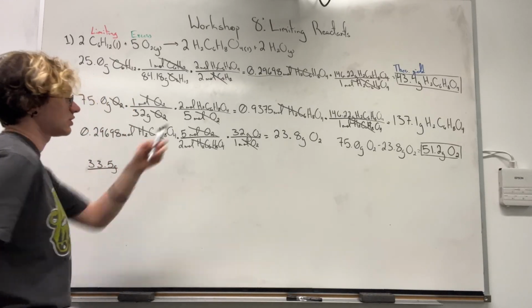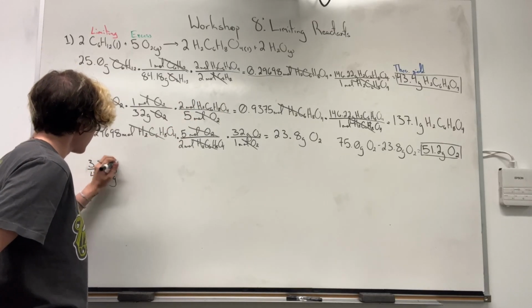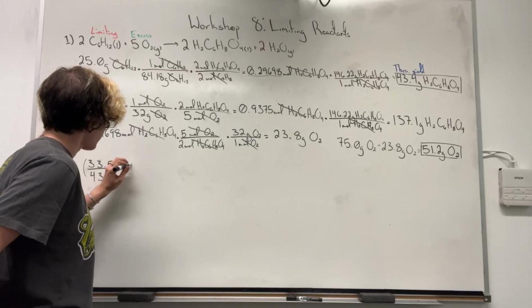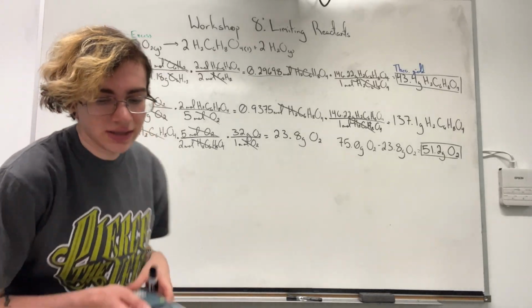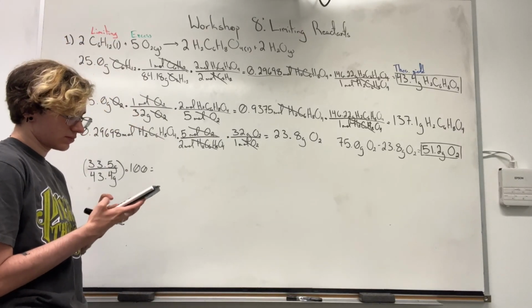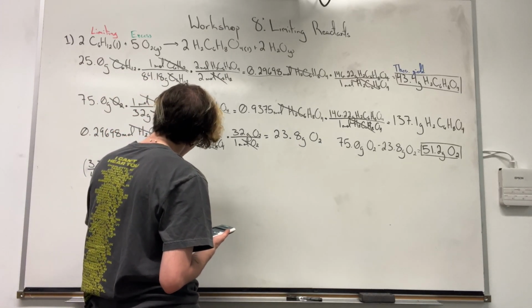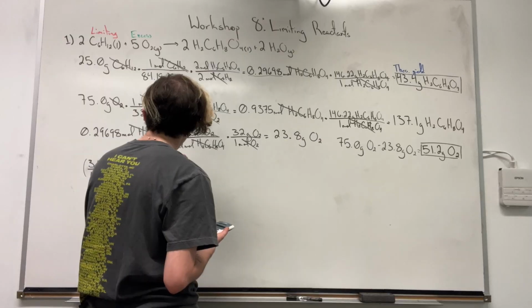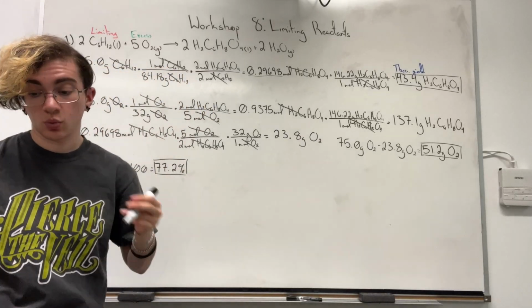We divide that by the theoretical yield. We could have produced 43.4 grams, and we multiply that by 100 because percentage. And so the actual percent yield of this reaction is 77.2. By the end of this reaction, only 77.2% of the possible adipic acid was produced.